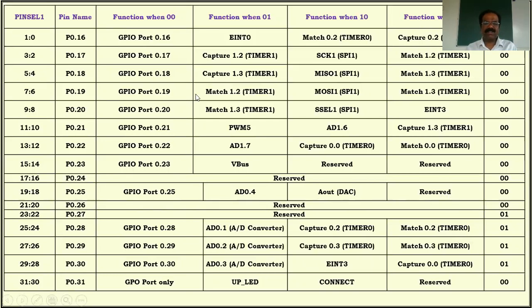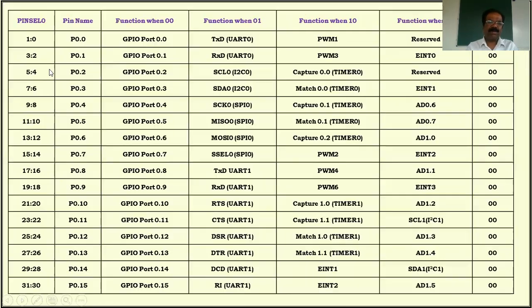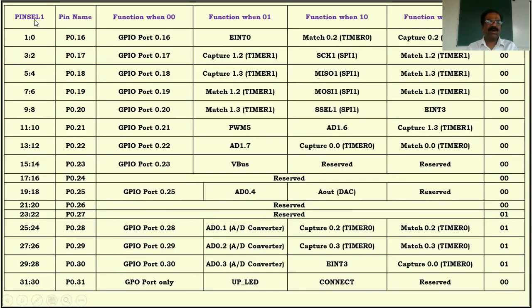The rest you can go through depending upon your requirement, and write the appropriate value in the pin select register. Pin select 0 is used for P0.0 to P0.15, and pin select 1, another 32-bit register, is used for P0.16 to P0.31.